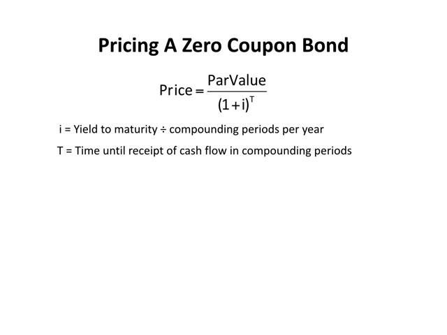Now consider the exponent in the divisor. The exponent expresses the amount of time until the receipt of the cash flow being discounted, with time measured in coupon or compounding periods. Consequently, if the time to maturity is given in years, it would be necessary to multiply the number of years by the number of compounding periods per year.